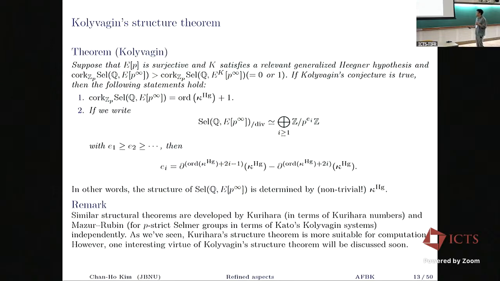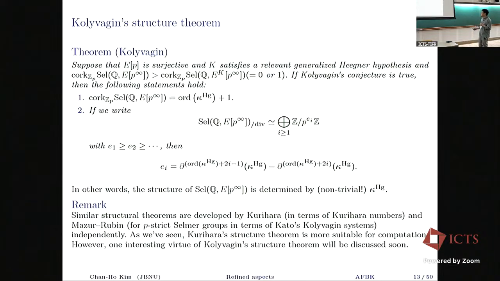And if we take the quotient by the maximal divisible part, this is a finite group, which should be Sha. And this exponent e_i is exactly captured by this invariant. Oh, I should put the square, sorry about that. Everything appears as squares because of the Cassels-Tate pairing.